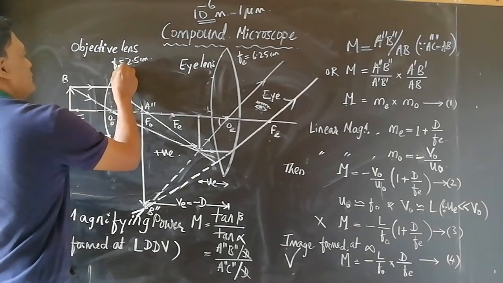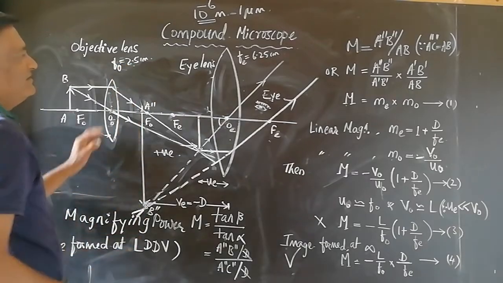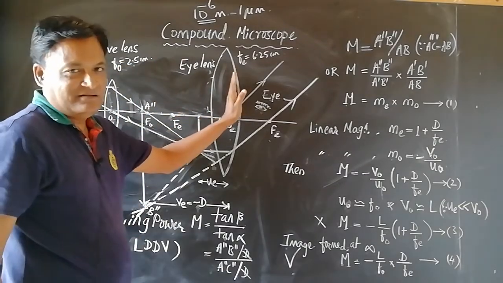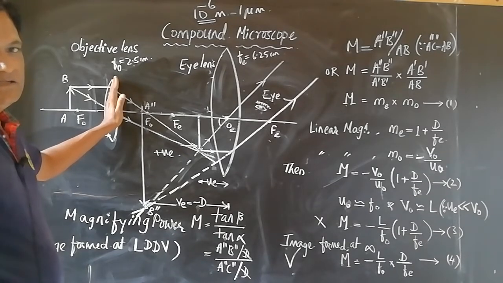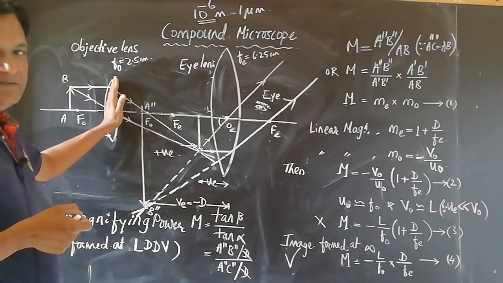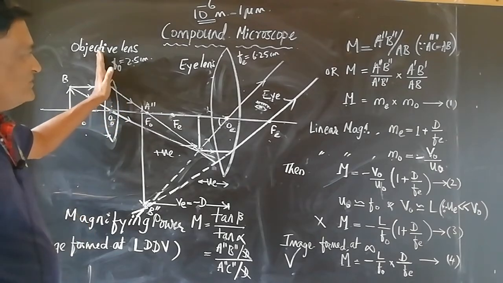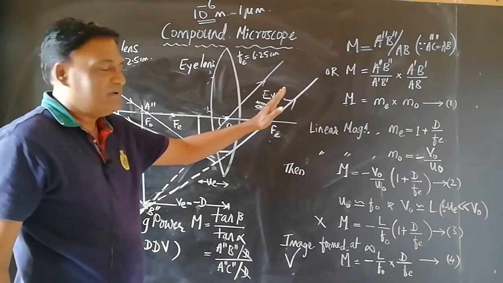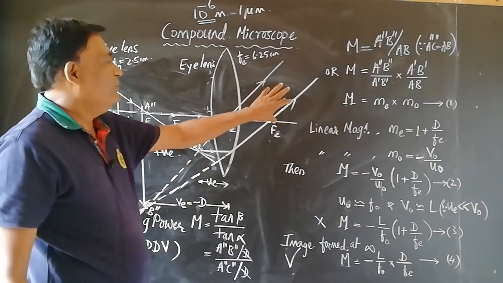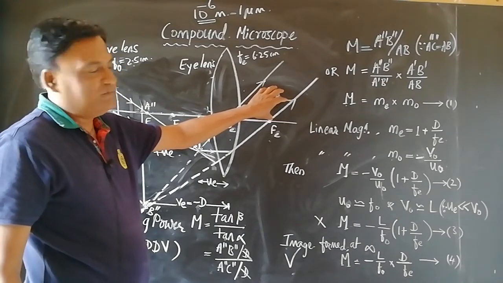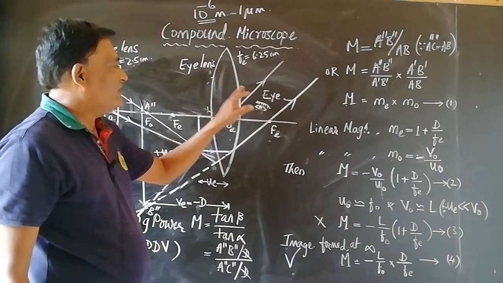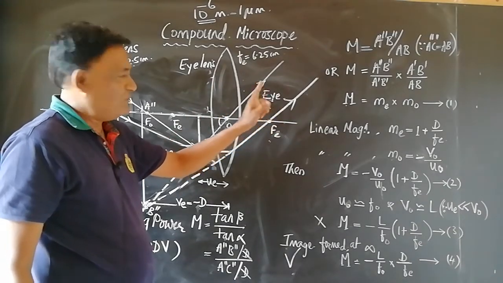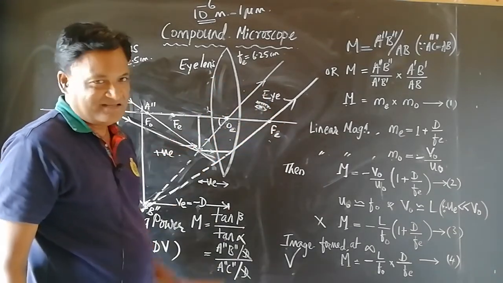Here we have the objective lens and eye lens. The lens nearer to the object or the slide which we keep under the microscope is called the objective lens. The experimenter, the observer, views the object under the microscope through another lens called the eye lens. The lens which is very close to the eye of the observer is called the eye lens.